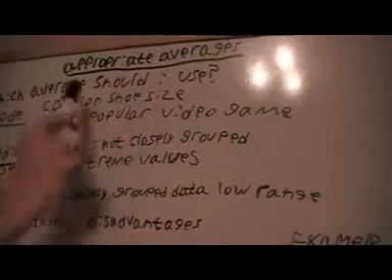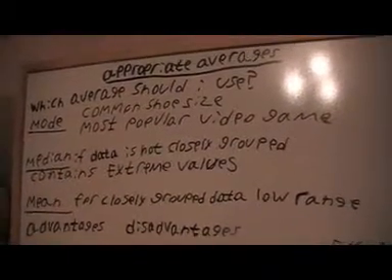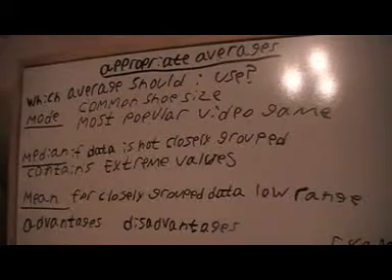Now, common shoe size is given by numbers, but the most popular video game isn't, so for most popular video game, the only average you could do would be the mode.